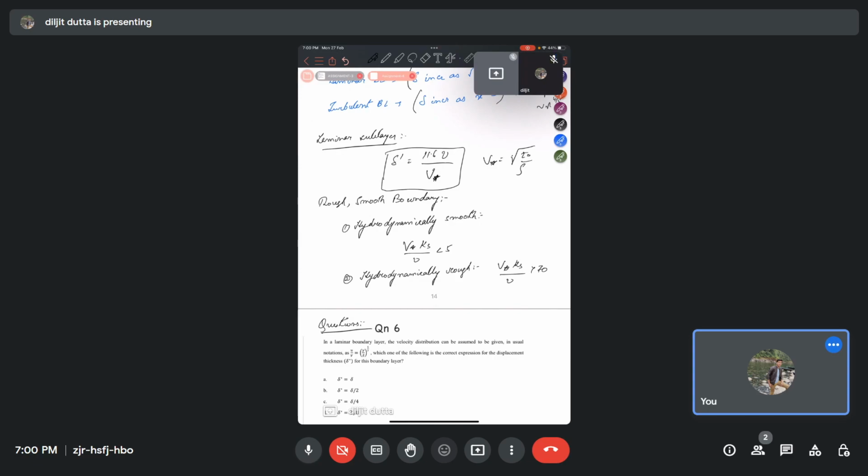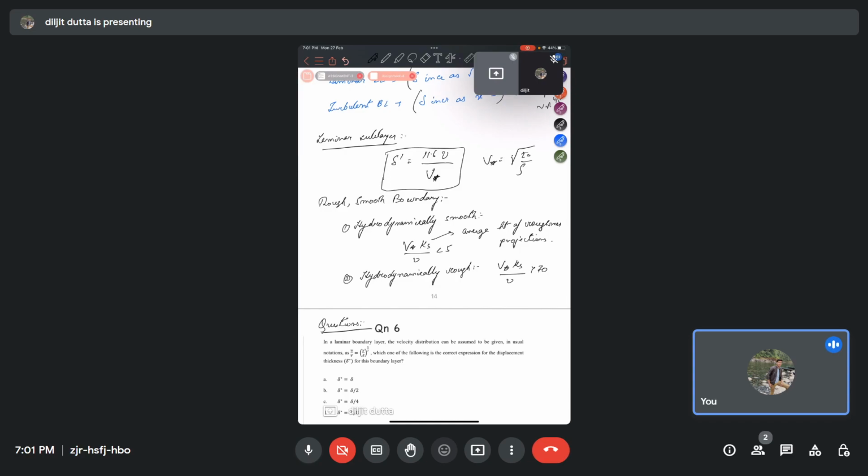So the hydrodynamically smooth boundary is identified by the value of the dimensionless roughness parameter, and this roughness parameter is given as v star into ks by nu, where ks is the average height of roughness projections.